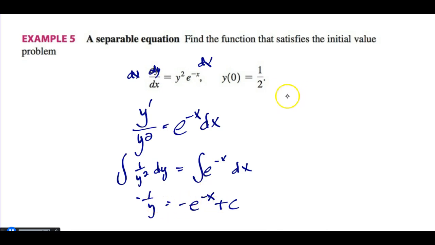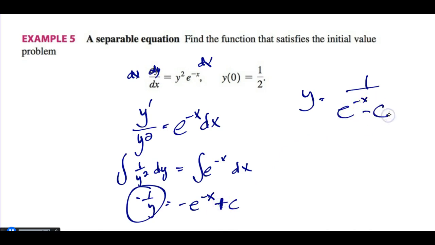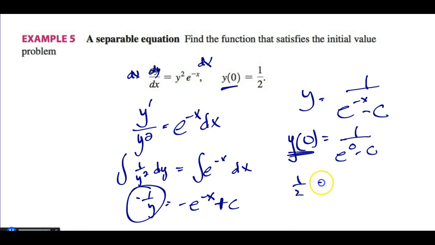And then solving for y. To solve for y, I'll just take the reciprocal of both sides, so let's flip and negate. It becomes y is equal to 1 over e to the negative x, and if I'm negating, plus c goes to minus c. Then I'll evaluate at 0, because it says y sub 0, by doing 1 over e to the 0 minus c, and it says y sub 0 is 1/2, so 1/2 is equal to 1 over 1 minus c.